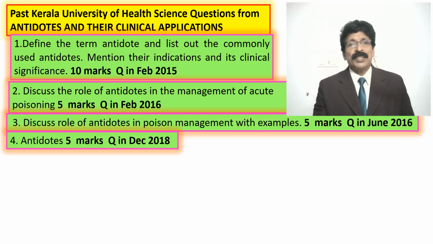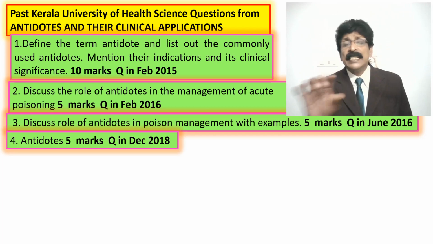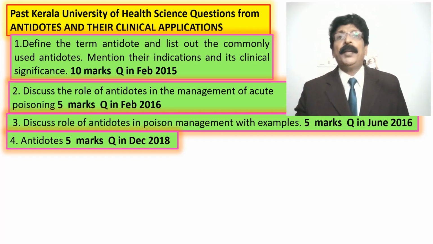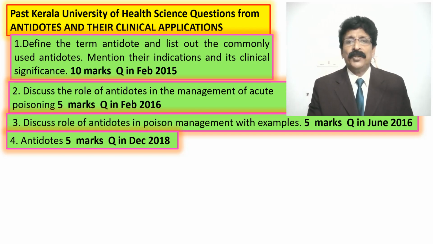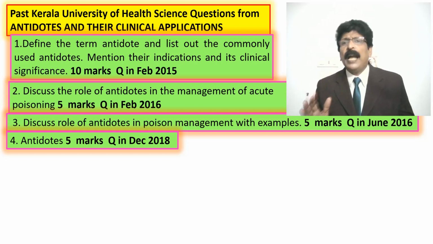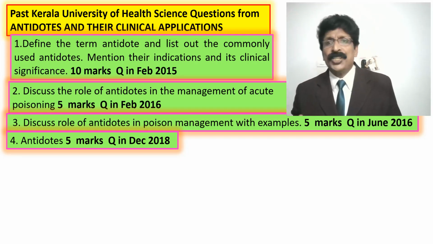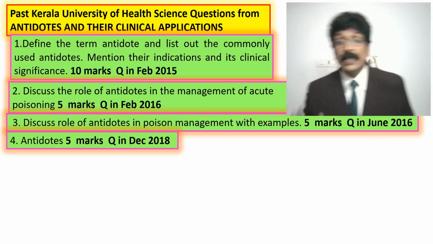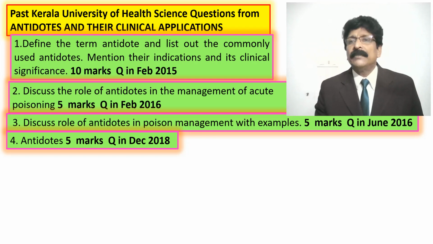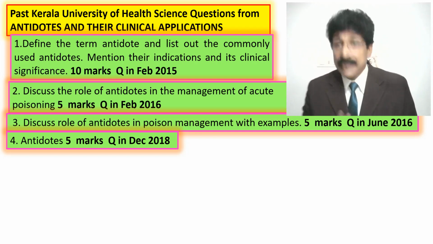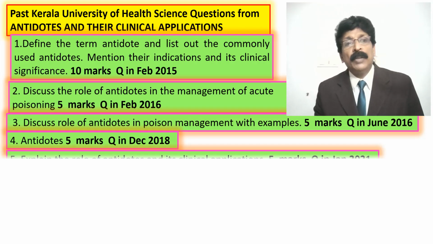And in December 2018, they simply asked for antidotes, a 5-mark question. So the student should know different antidotes, classifications, their actions and adverse actions, because there are many very important side effects and adverse actions, since we are dealing with clinical toxicology. It is needed for the students to write about the adverse actions also.